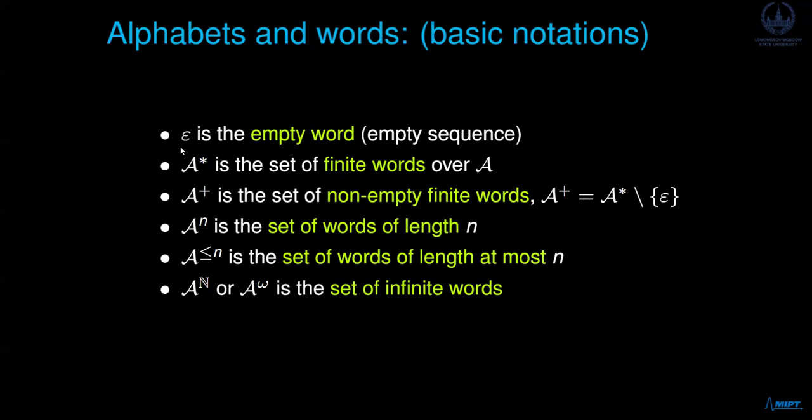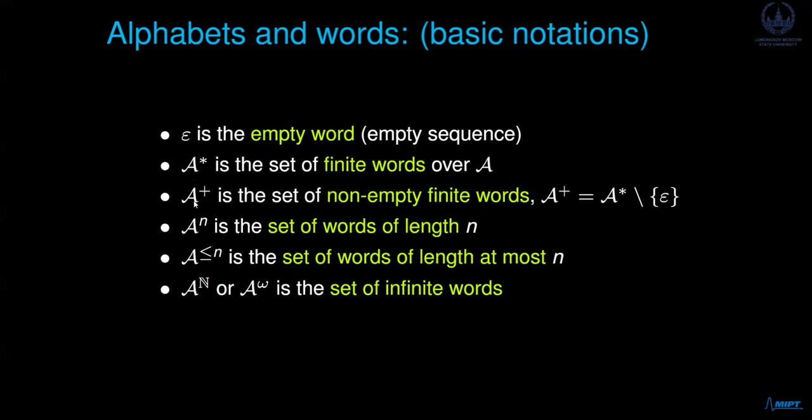This is an important concept in combinatorics on words, as it serves as the neutral element for concatenation operations. Next, A star represents the set of all finite words over the alphabet A. This includes the empty word epsilon, as any set of words should account for the possibility of having no symbols.